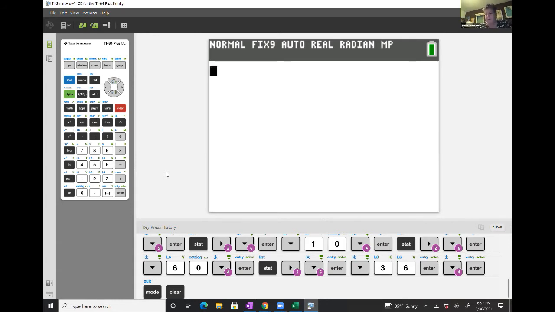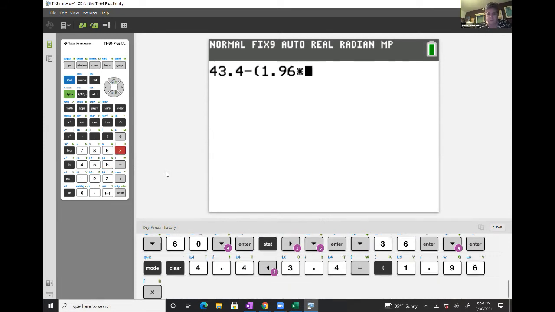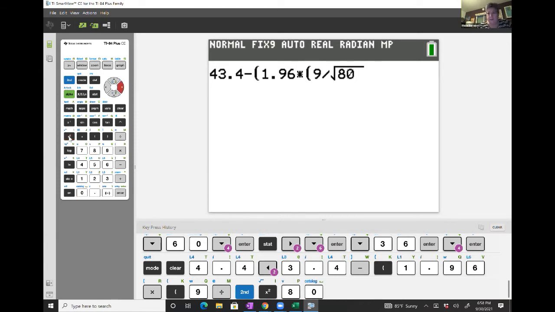The first part is 43.4 minus, in parentheses, 1.96 times, again in parentheses because I've got a fraction, 9 divided by the square root of 80. That's my lower confidence level.